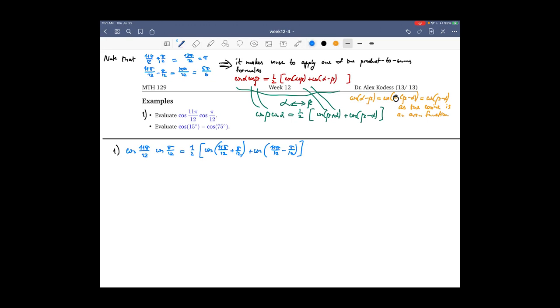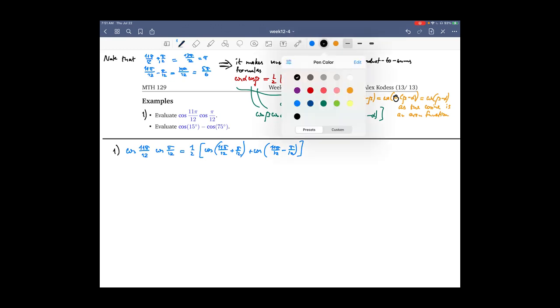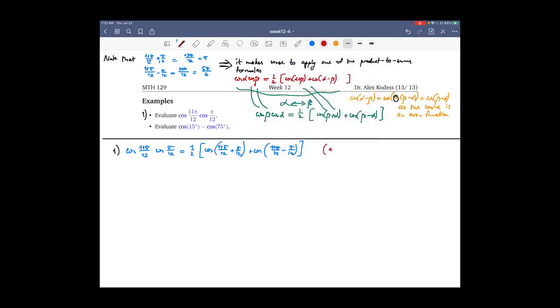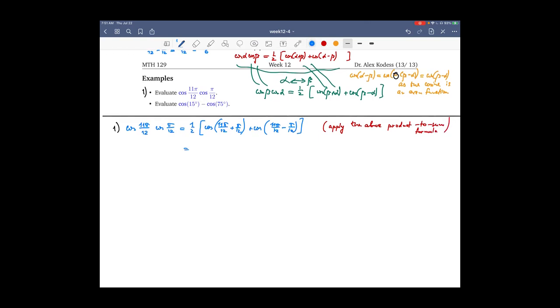All right, so if I continue here, after applying the above product to sum formula, we get 1/2 cosine of pi plus cosine of 5 pi over 6.